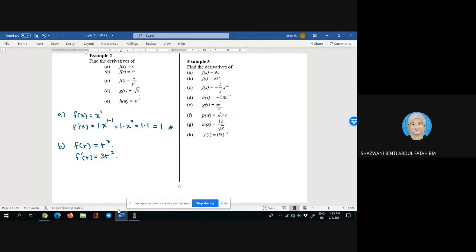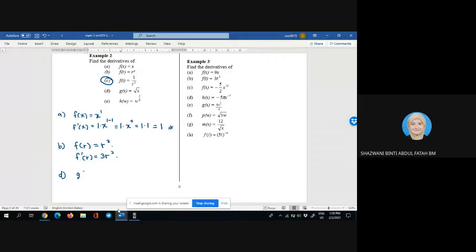Okay, and then which one? Okay. So cikgu plan nak tunjuk lagi 2 lah. So C cikgu tinggalkan untuk awak. So I'll just go through D. Cikgu terus kepada D.